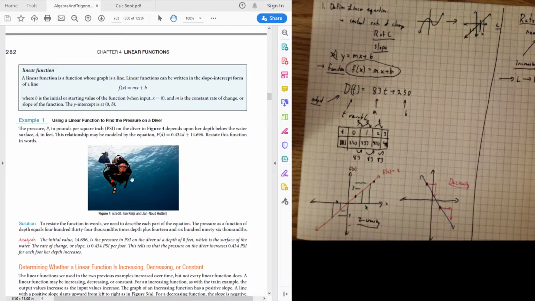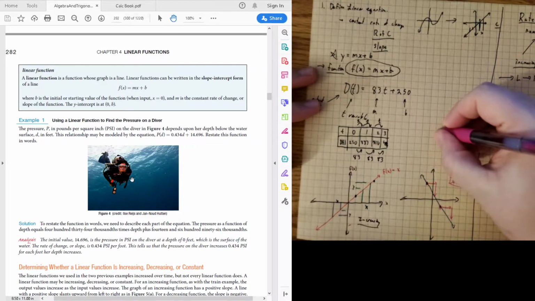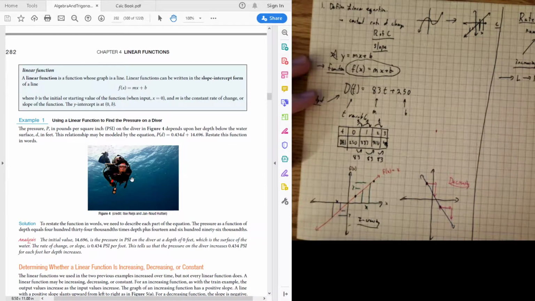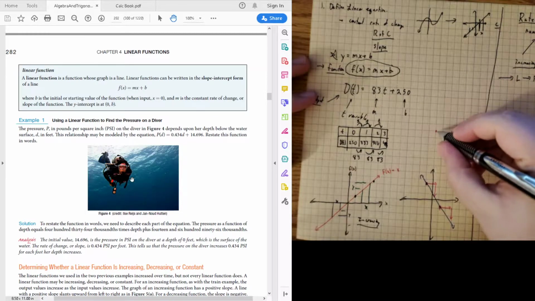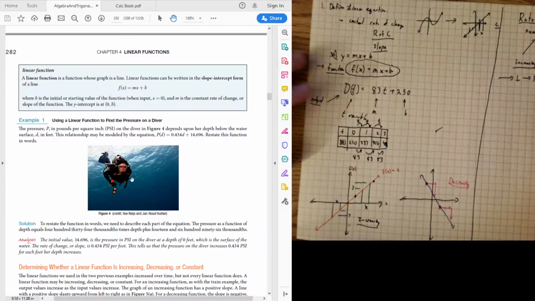In terms of realistic examples, increasing, decreasing, constant, and undefined are very basic concepts. They need to be understood, but they are also predictive. If I tell you a function is increasing and then give you a dot right there and say it's increasing, well, that means that I know to the right of this dot, it's got to be going up. How much? Well, that could be determined from a formula.